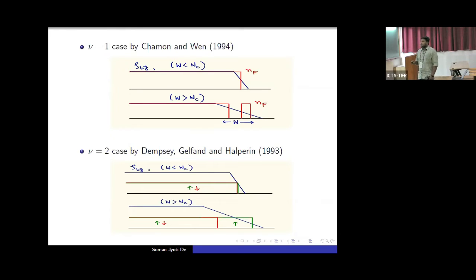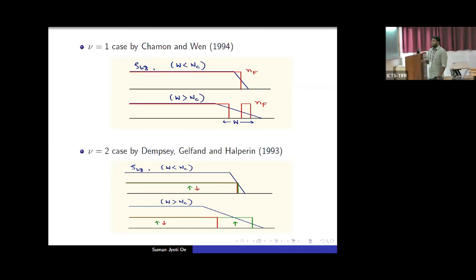Now the nu equal to 2 case has also been seen at around the same time by Dempsey, Gelfand and Halperin. What they found is that here you have both up and down spin in the bulk. For a very sharp background, the bulk ends at the same point, for both up and down spin.